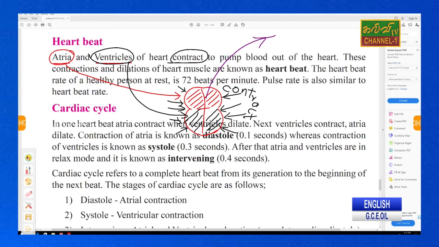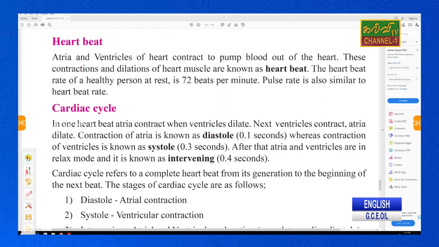So, atria and ventricles: the atria means the upper part, and the ventricle the lower part. When it contracts, what happens? The blood will be supplied, it circulates.